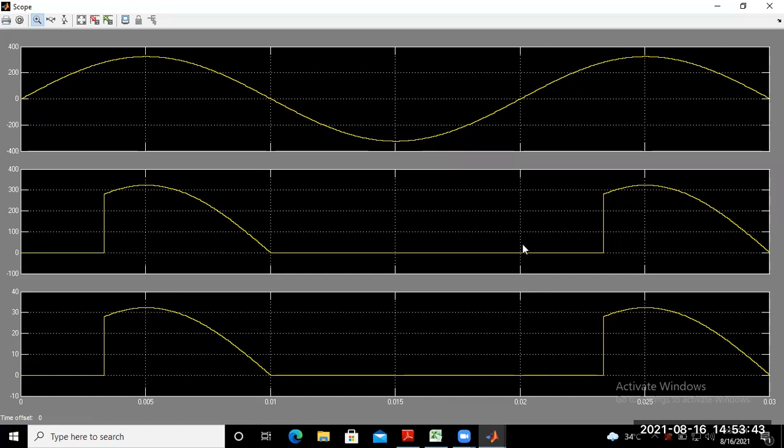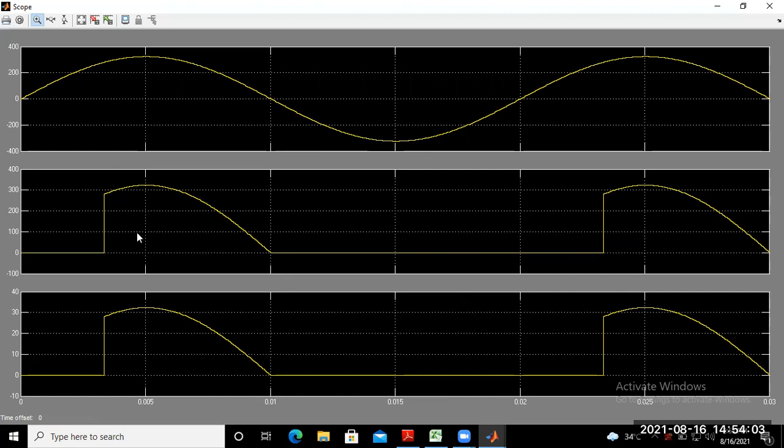So now if you provide the gate pulse at the delay of 60 degree, then you will get again the output voltage waveform similar to the input voltage waveform.